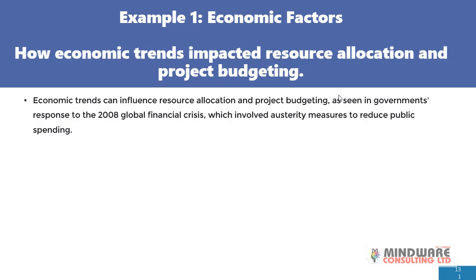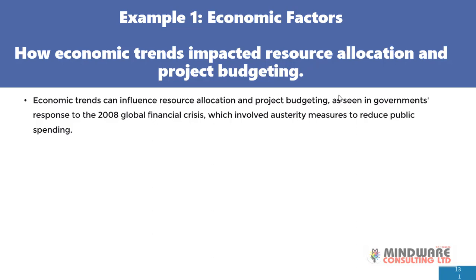Of course, one of those factors is economic factors, and you know that economic factors can have a very huge influence on resource allocation, especially when it comes to project budgeting.